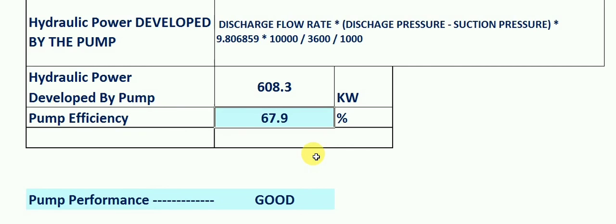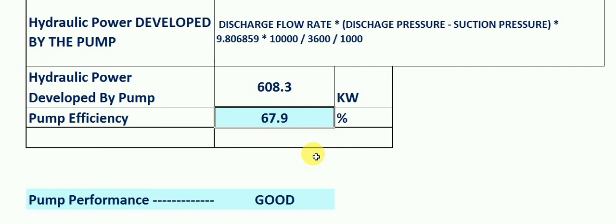So this 30%, 32% exact losses will be because of energy conversion in the centrifugal pump by the impeller and the casing. So both energy losses will be there, and then coupling loss.